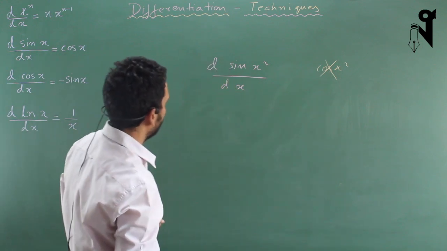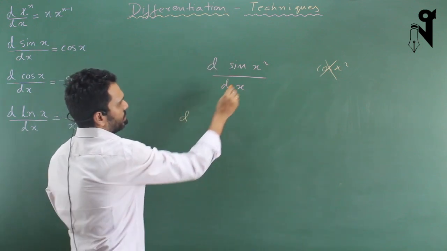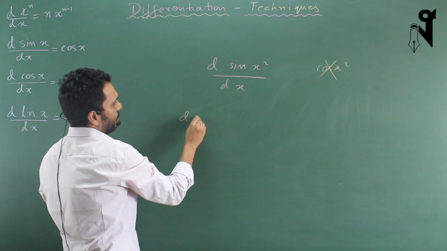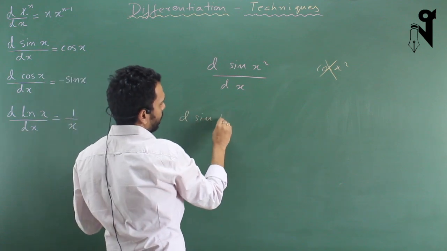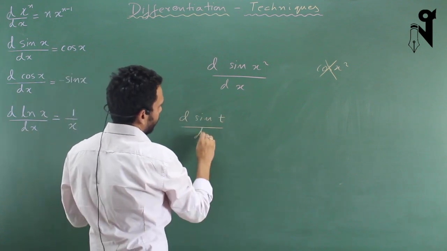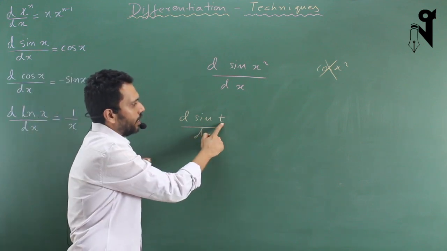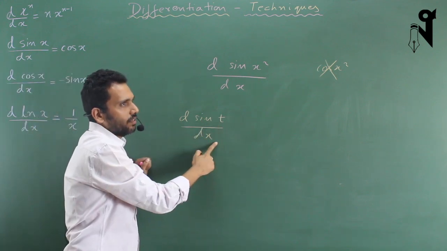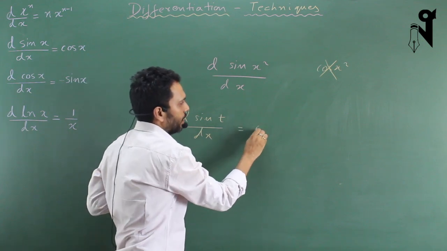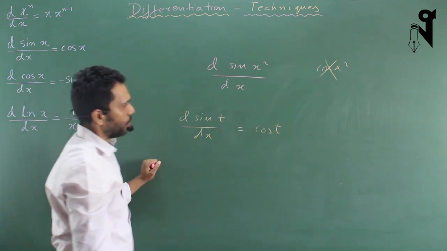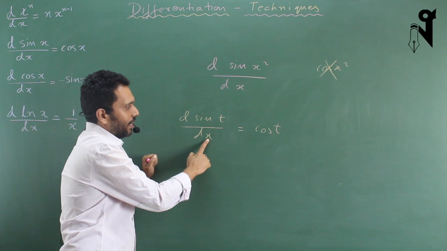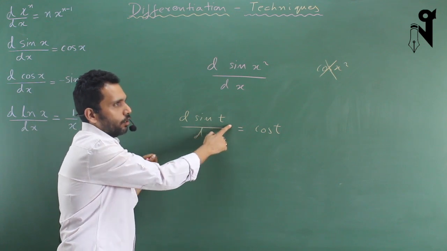In simple terms, if I tell you x square is a separate thing, t, d of sine t divided by dx, meaning to say, how does sine t vary with respect to x? The answer shouldn't be cos t, because this variation of x is not variation of t.